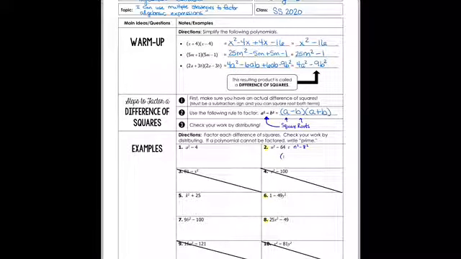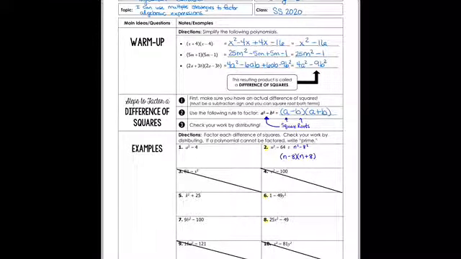So we would take the square root of the first minus the square root of the second times the square root of the first plus the square root of the second. This is a really helpful trick to use, especially when you only have two terms and you do not have a common factor. So this is a way to help break down some of those.